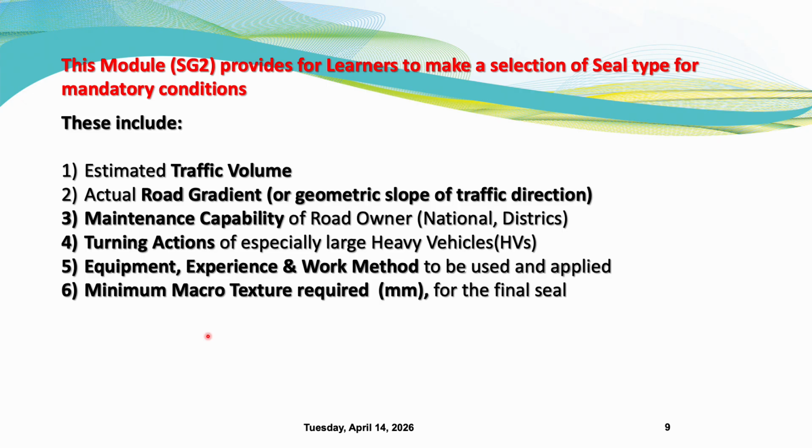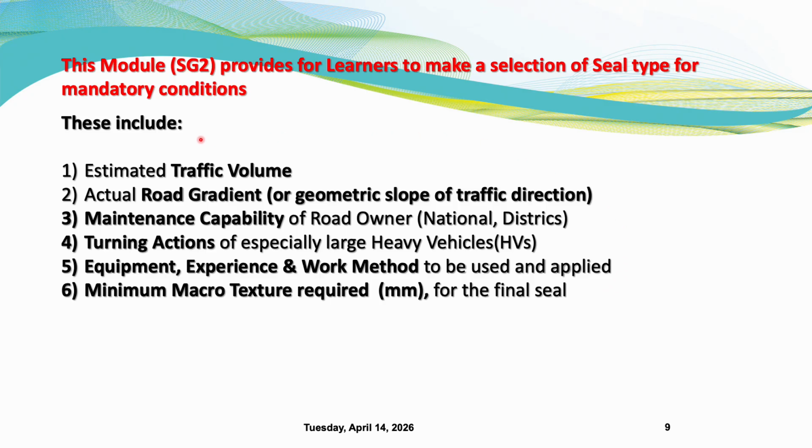These include an estimated traffic volume, how much traffic you expect, what is the actual road gradient or slope, what is the maintenance capability of the road owner, and the national districts, are there turning actions of especially large vehicles, what type of equipment, experience and work method to be used and applied, and then what is the minimum macro texture you require for the final seal.